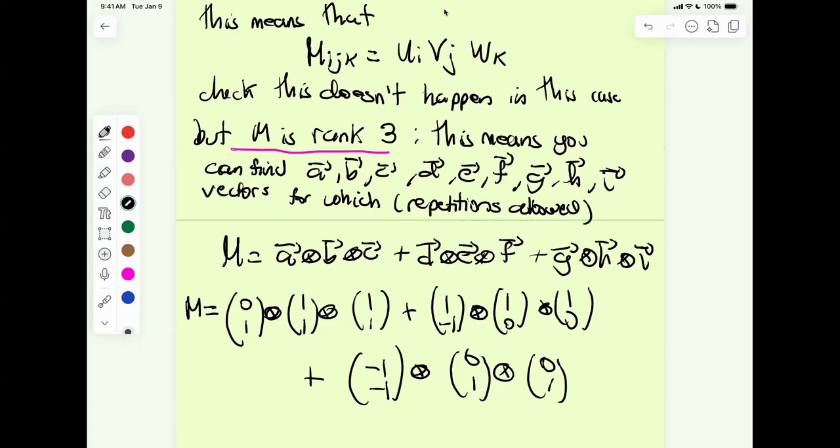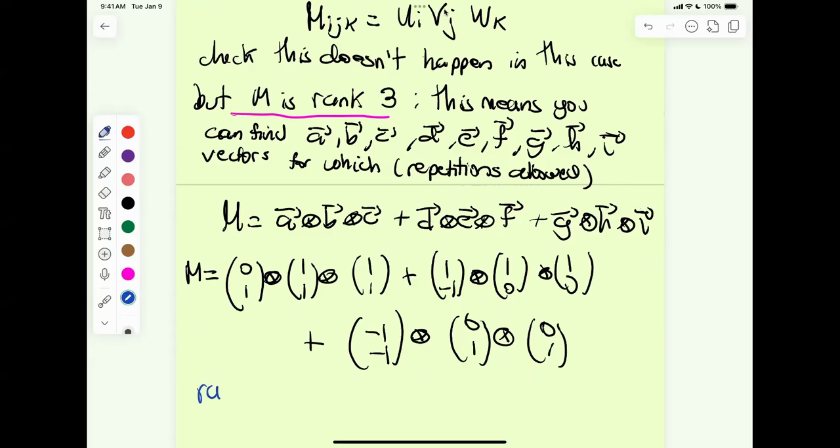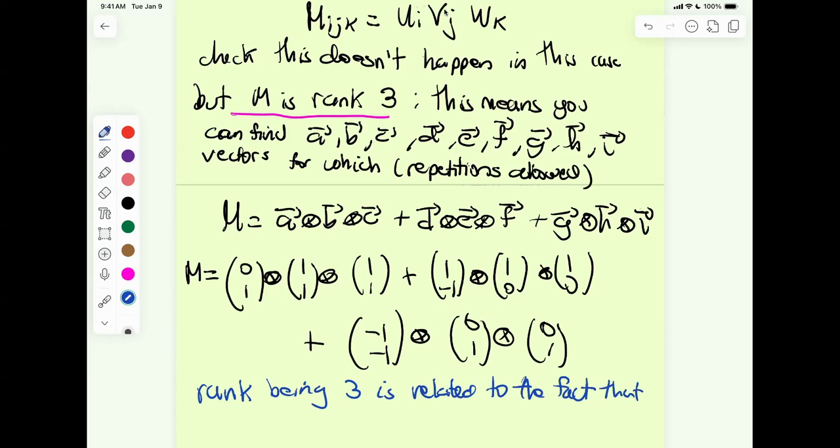It is true that the rank being 3 is related to the fact that you can multiply two complex numbers using 3 instead of 4 multiplications. 4 is the natural assumption, but you can do it with 3. I had written it before, let me rewrite it so that you can see it.